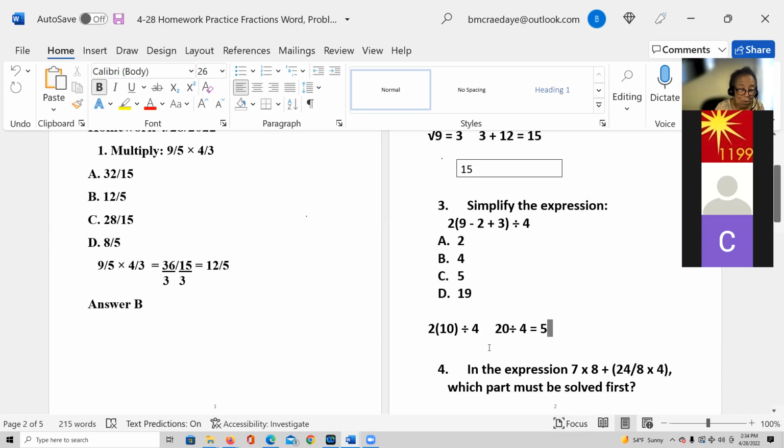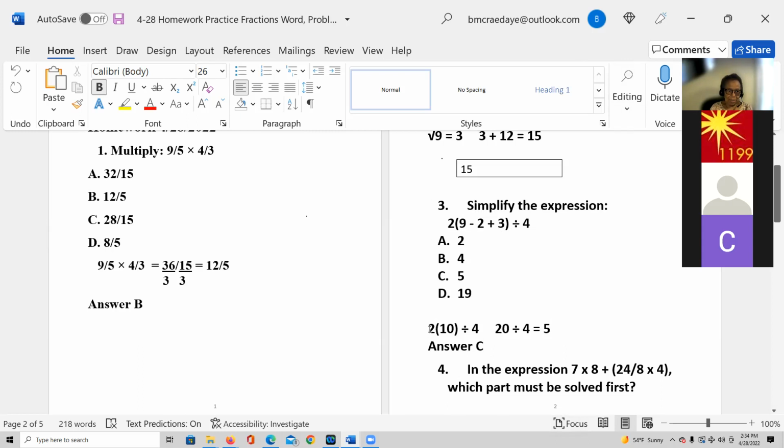What answer is that, Maureen? C. Okay. So we did parentheses. Just go back again, 9 minus 2 plus 3. And Chastity told us that's 10. 9 minus 2 is 7, plus 3 is 10.